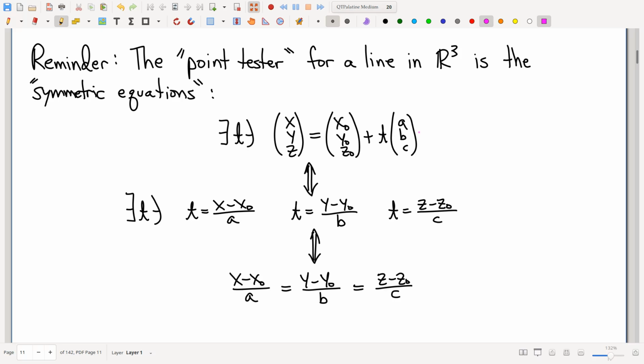And the idea is that if this point is on your line, if it is produced by that parameterization, then that means there will exist, don't forget that little mathematical shorthand right there, that means there exists a value of t.